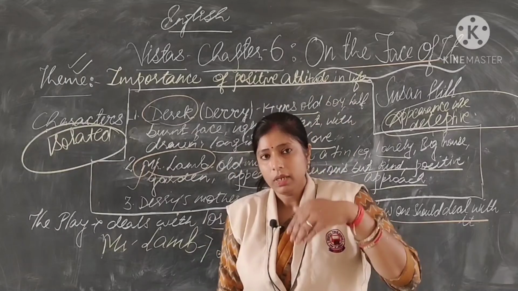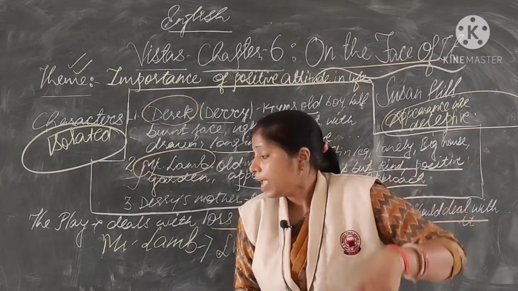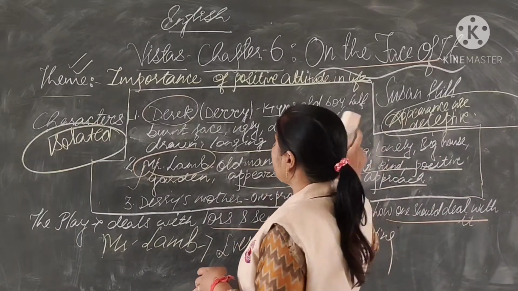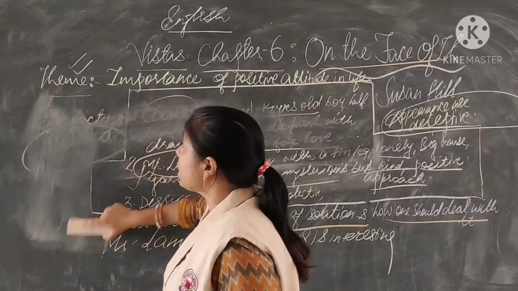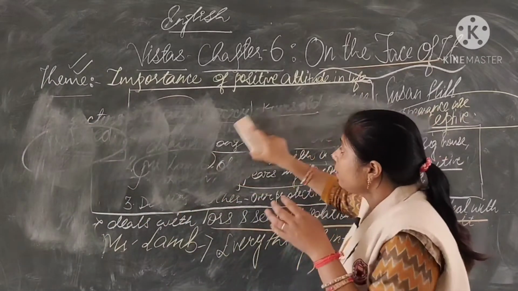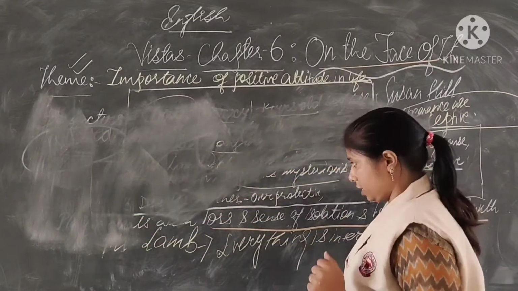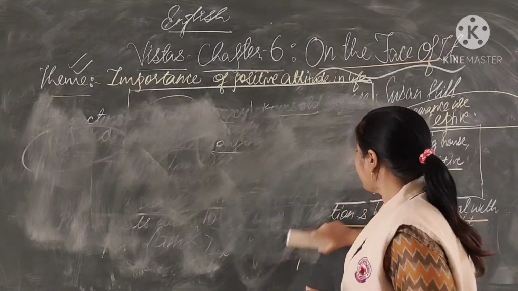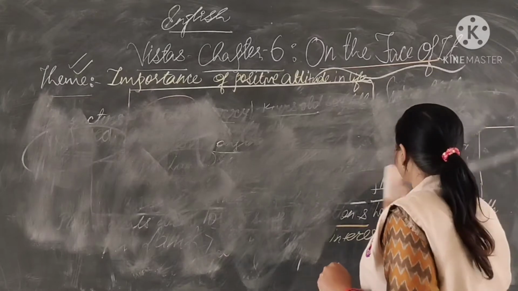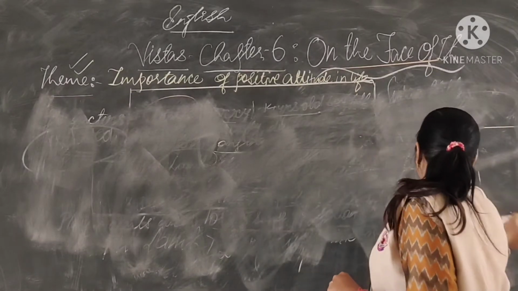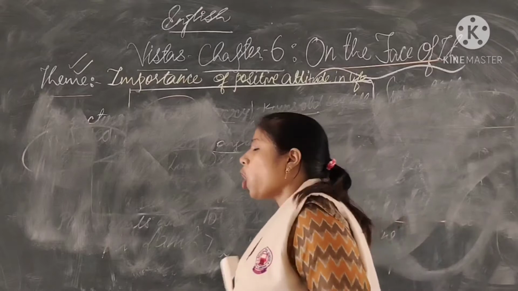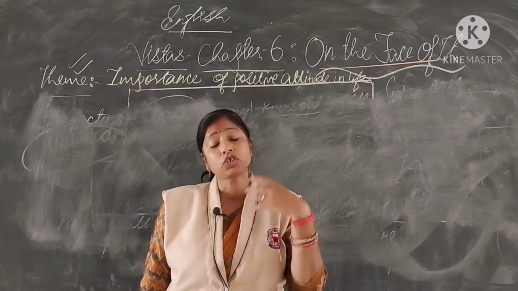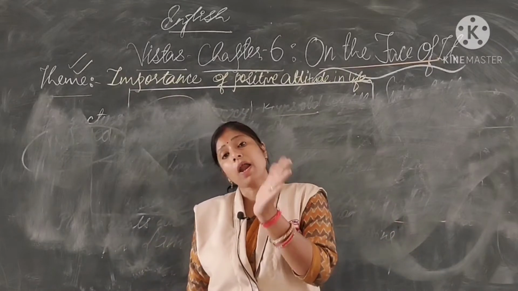Then Mr. Lamb conveys that everything is interesting. Everything is interesting in this world. Then he has taken the example of weed. Mr. Lamb narrates that, see my boy, a green plant is called a flower, and a green plant is called a weed.